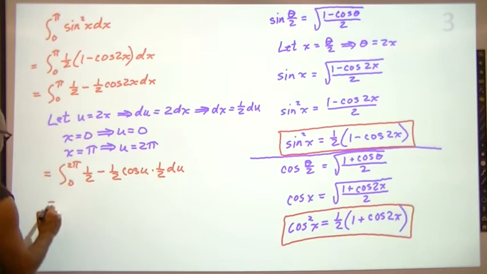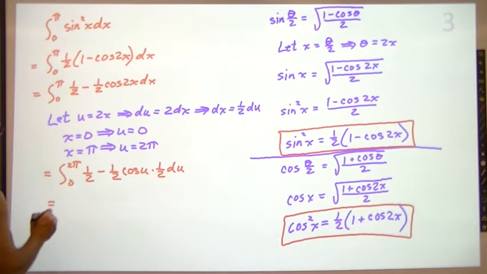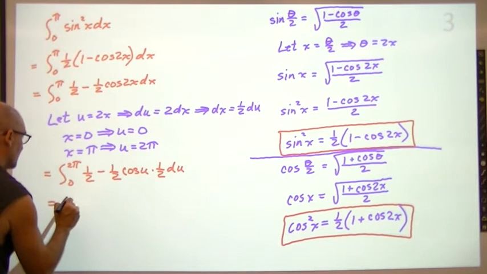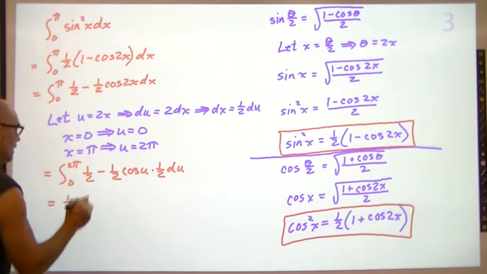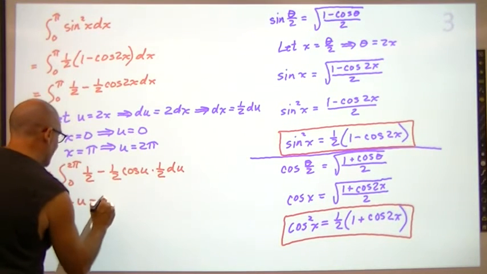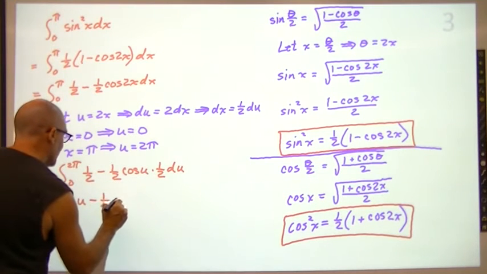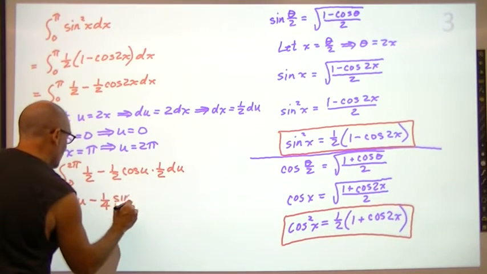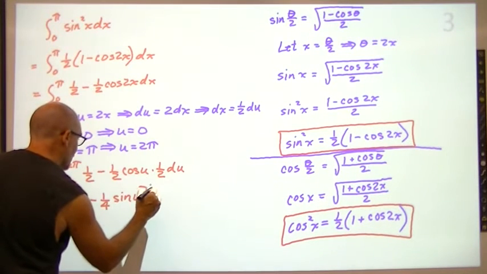Okay, so what I have is the integral from 0 to 2 pi of 1/2 becomes just 1/2 u. Now, minus 1/2 times 1/2 is 1/4, and the integral of cosine u is sine u. And I'm going from 0 to 2 pi.